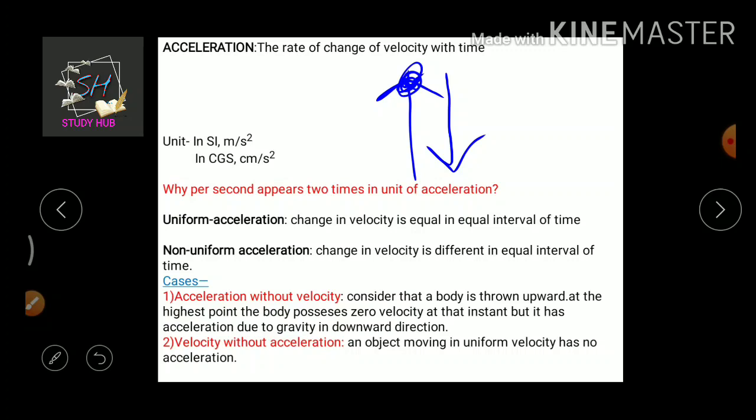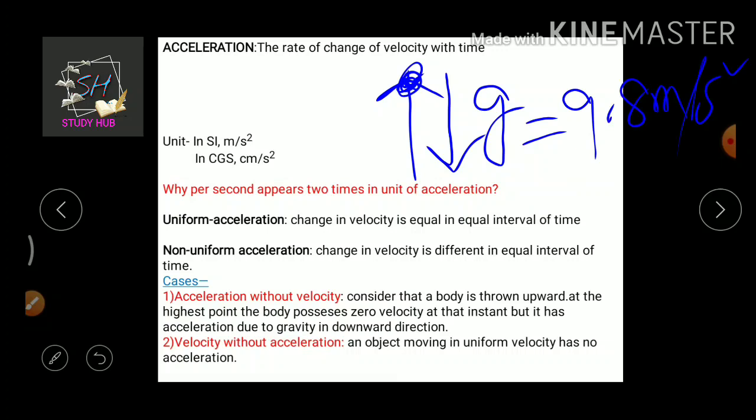So it has an acceleration. Do you know what is the name of this acceleration? Yes, this acceleration is known as gravity, g, which is 9.8 meter per second square.